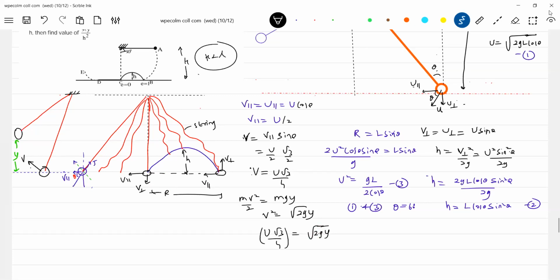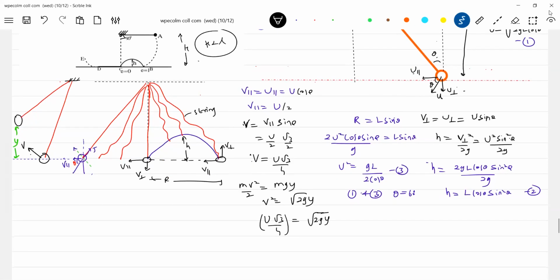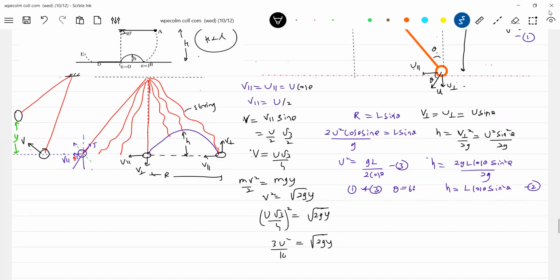That y has to be determined. Square is there. 3u square by 16. Then value of u square we know, substituting that.